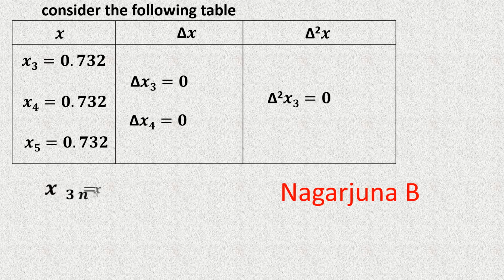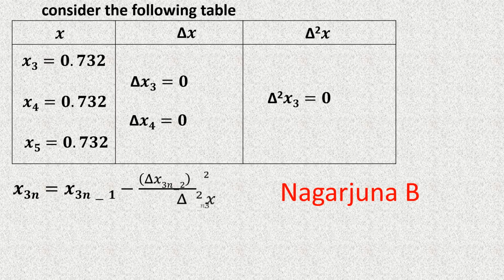Now x3n equal to x3n minus 1 minus delta x3n minus 2 whole square divided by delta square x3n minus 3. It is what? Aitken's formula. So in this formula we shall write n equal to 2.